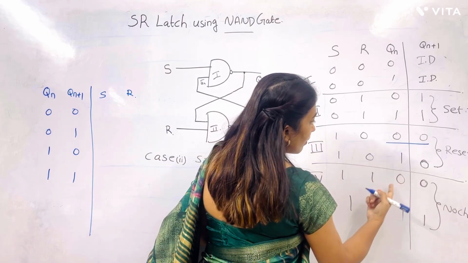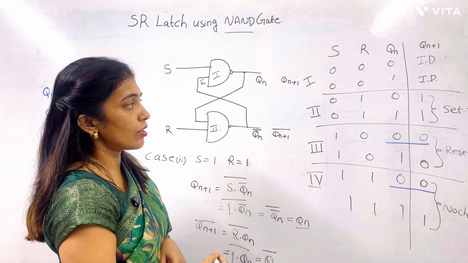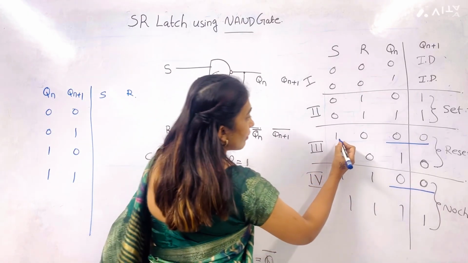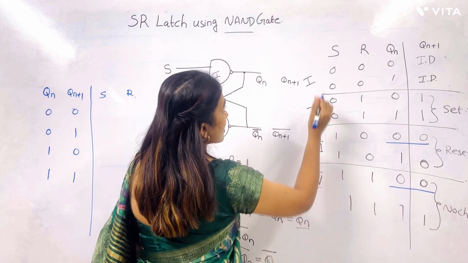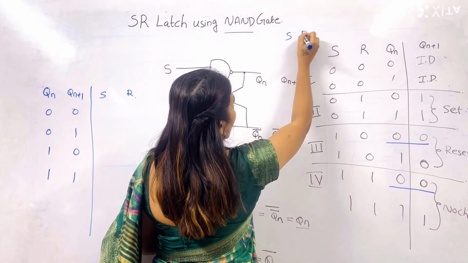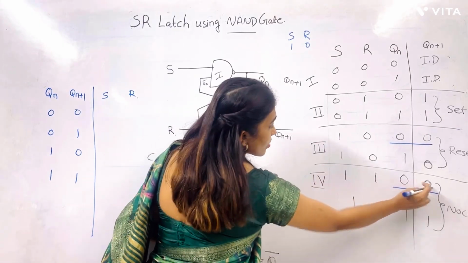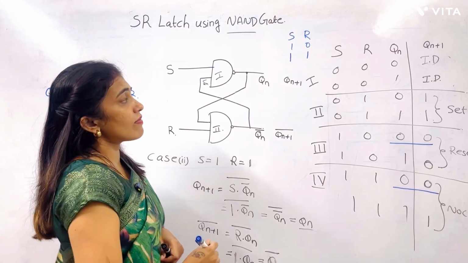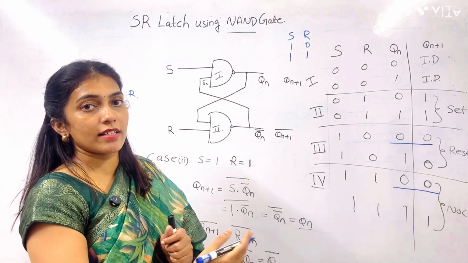Here we have 0 0, and one more 0 0 also. So 2 zeros. The first 0 0 is when S value is 1, R value 0. The second 0 0 is when S value 1, R value 1. So S value is not changing, but R value is changing, like 0, 1.